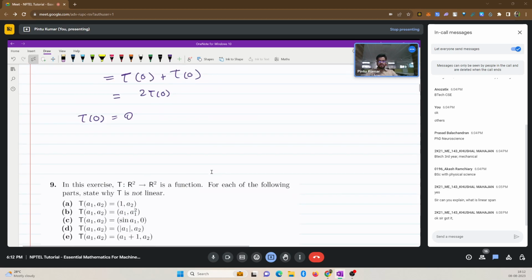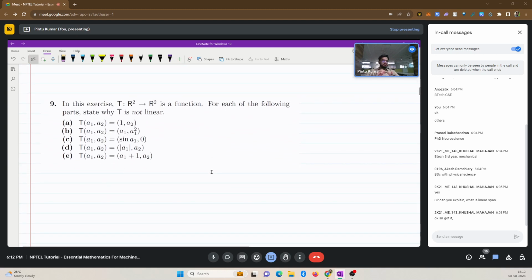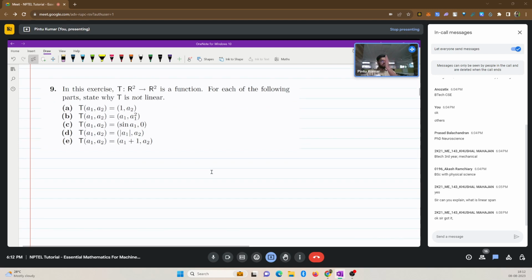Now we come to our first exercise. I think we have a question in this year's assignment also, which asks you to check whether some of the functions are linear transformations or not.